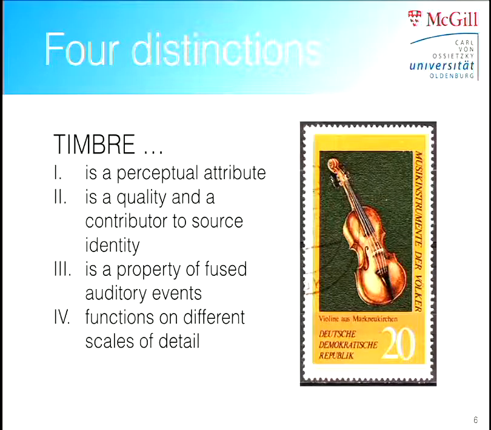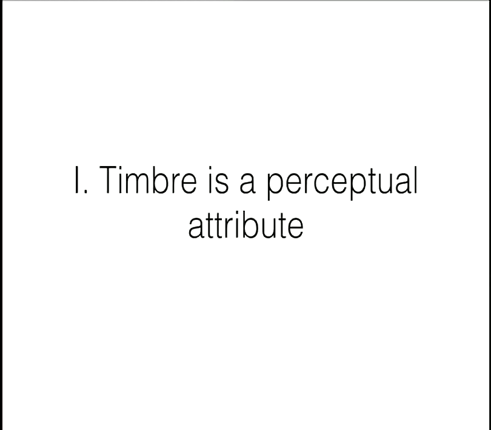The structure of my talk is that I will go through these distinctions, starting with a few conceptual remarks, which I'll then try to support with some empirical work. Sometimes the empirical work does not really support it, but at least it should fit conceptually into these distinctions. So first, timbre is a perceptual attribute.